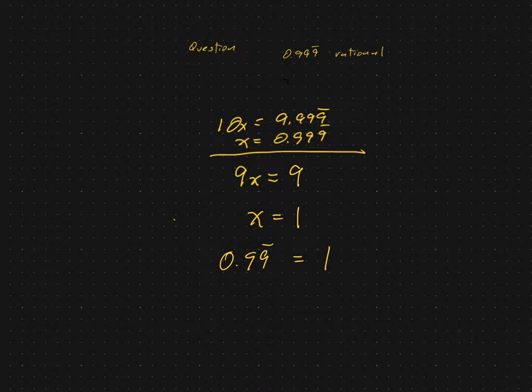But just so you know, this is absolutely not an approximation for 1, any more than 0.33 to infinity is an approximation for 1/3. That is a ratio of 1 to 3, right? 1/3.